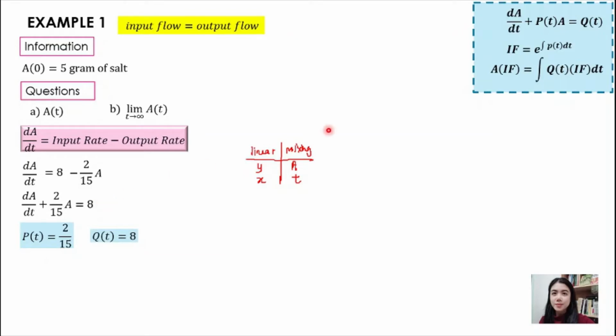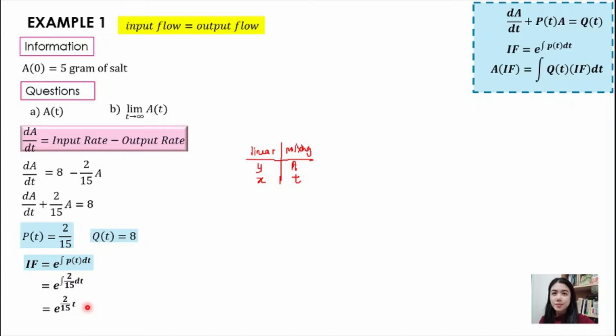Then the next thing you're supposed to do is find the integrating factor, IF equal to e to the power ∫P(t)dt. Now you know your P(t) is 2 over 15, so you just substitute it and integrate, and you have e to the power 2 over 15 t. So that is your integrating factor.